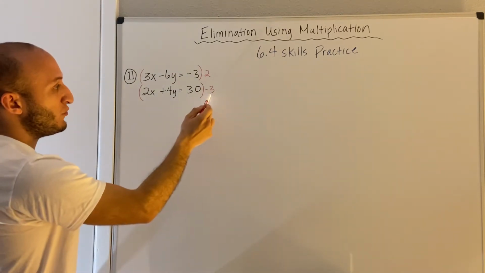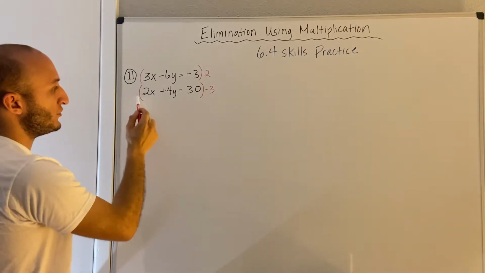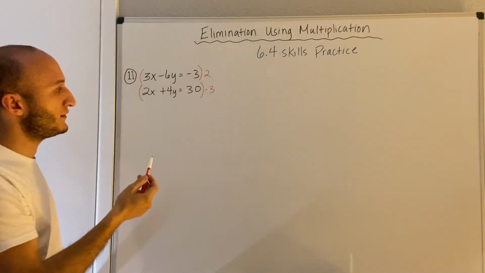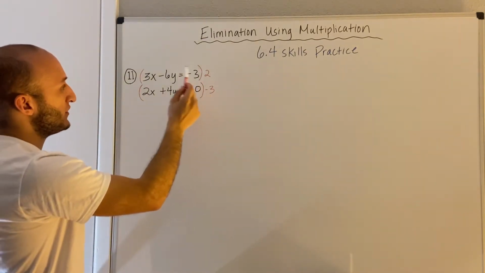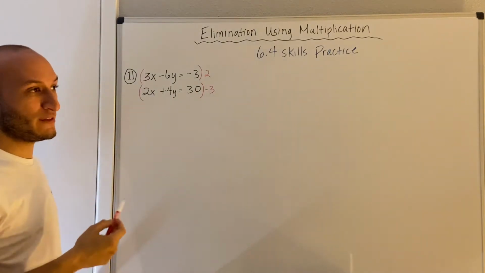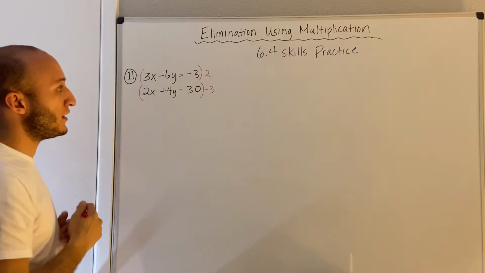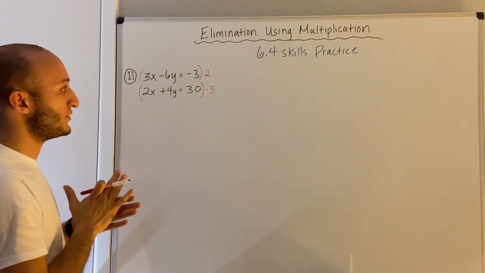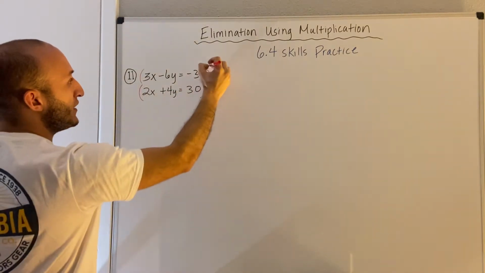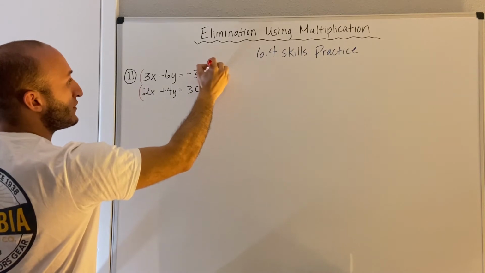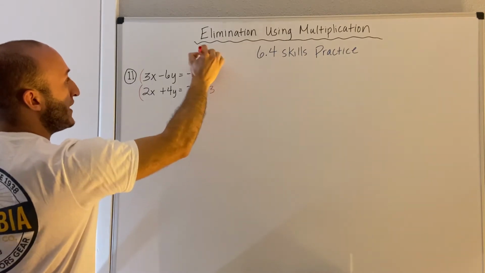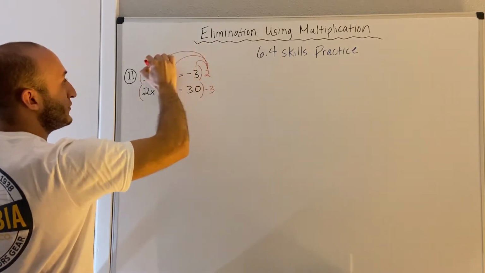So now when I multiply this negative 3 times the 2, I get a negative 6. And then 2 times the 3, I get a positive 6. So 6 minus 6 becomes 0, which works out for us to use elimination. Okay, so remember, these numbers right here are multiplied to every term.